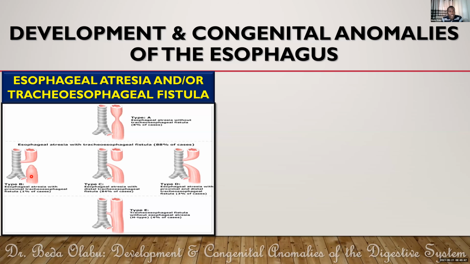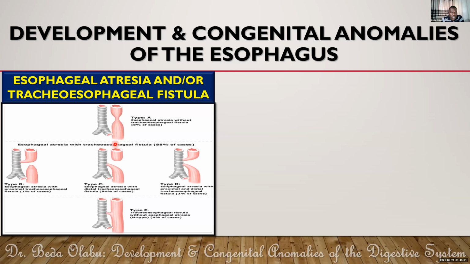Now that there is esophageal atresia, we are interested to know whether the fistula is connecting the upper segment of the esophagus or the lower segment of the esophagus beyond the atretic segment. This one, the fistula is on the upper segment. That's what we call type B. Type B is esophageal atresia with a proximal tracheoesophageal fistula.